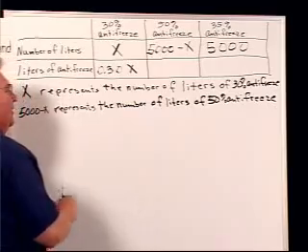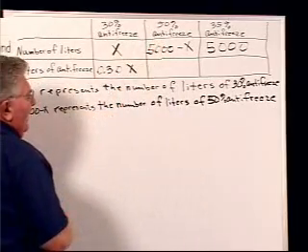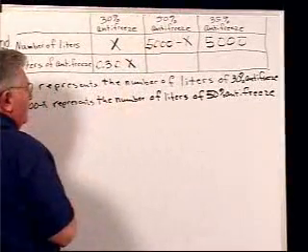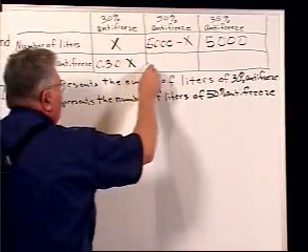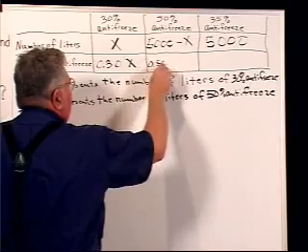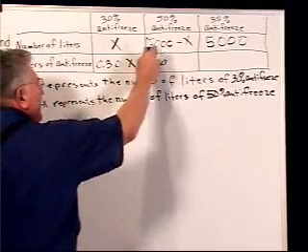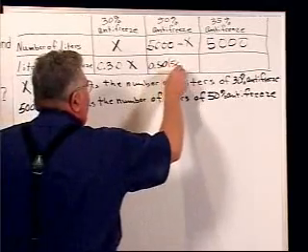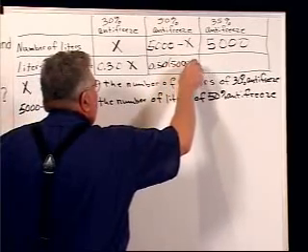How much antifreeze am I going to get from the 50% antifreeze? Here, I'm going to change the 50% to its decimal equivalent, which is 50 hundredths, and multiply it times the number of liters that I have, which is 5,000 minus x.